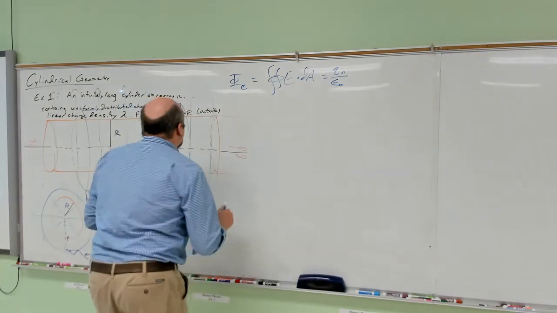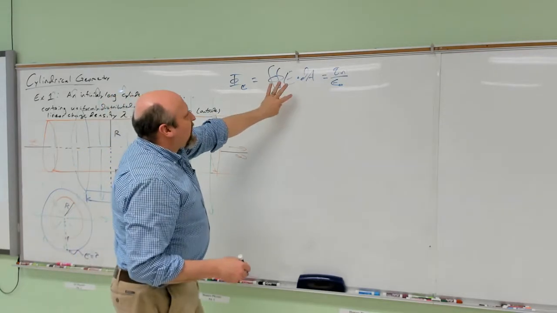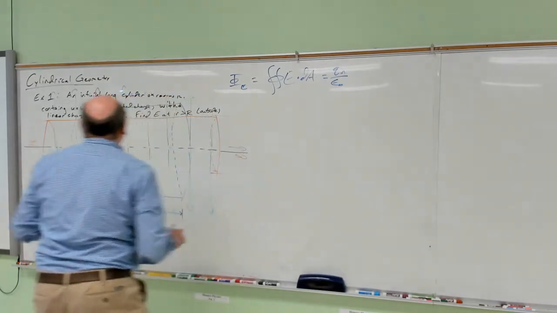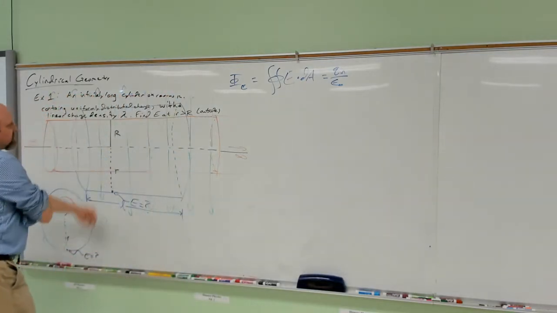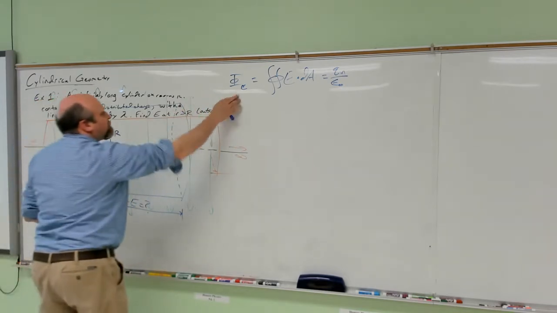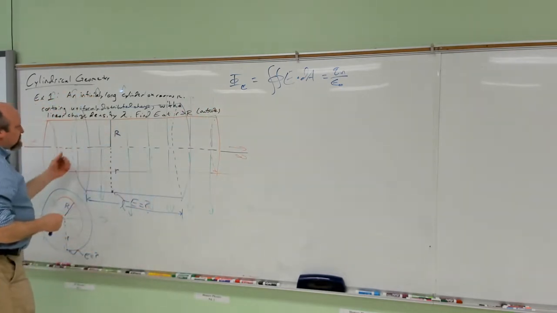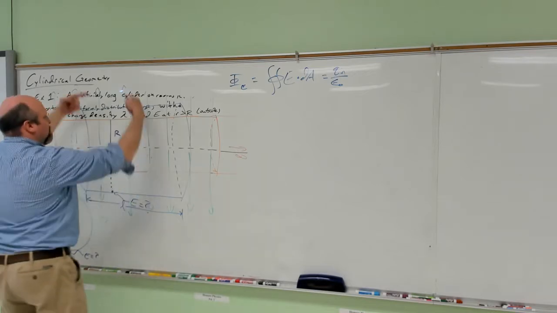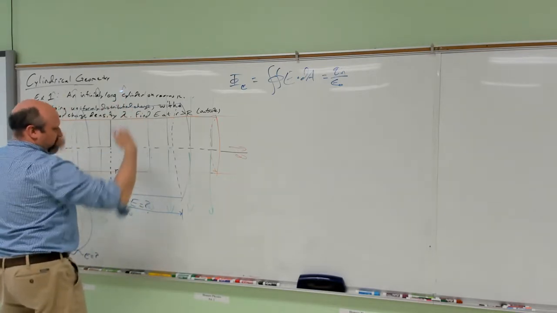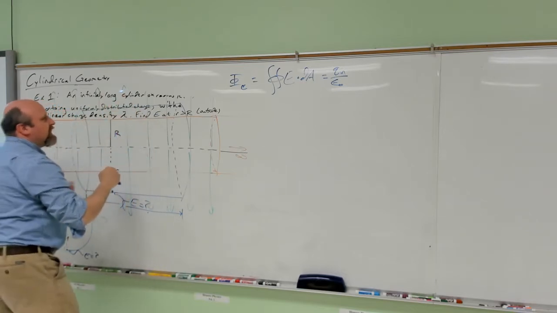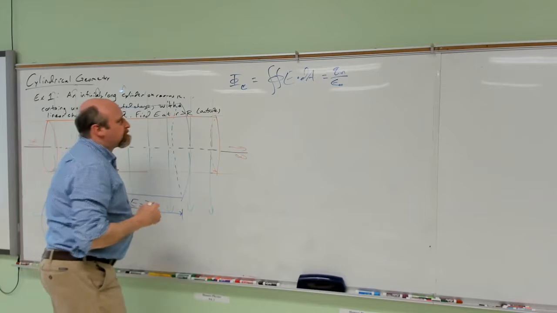Now, what I want to point out is, this is saying I'm adding up my E dot dA over that whole closed surface. What I'm going to say is, I'm going to split this closed surface into 3 parts. All my flux that comes out the left end of the cylinder, the flux that comes out the curved side of this cylinder, talking about the Gaussian surface that punches out this curved cylindrical surface, and the flux coming out the right end.